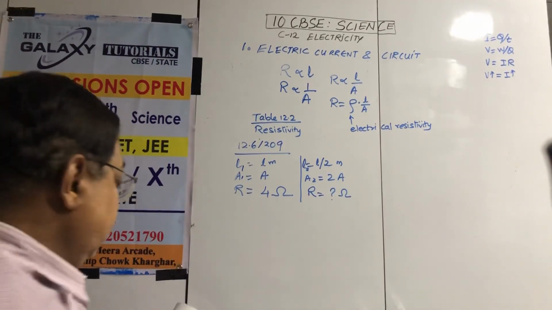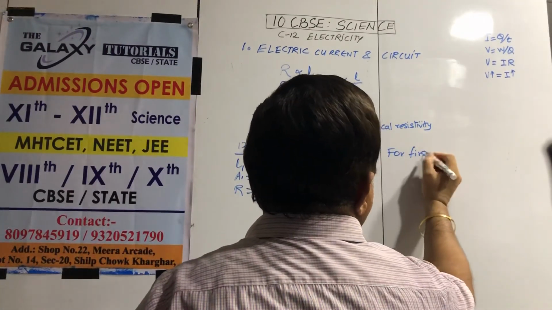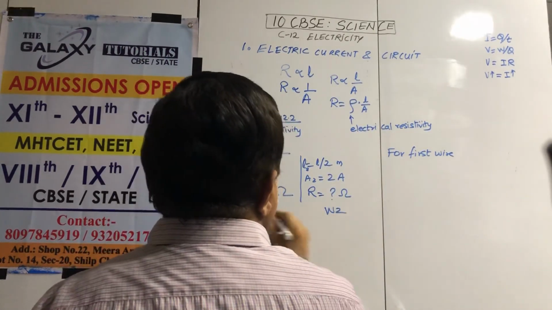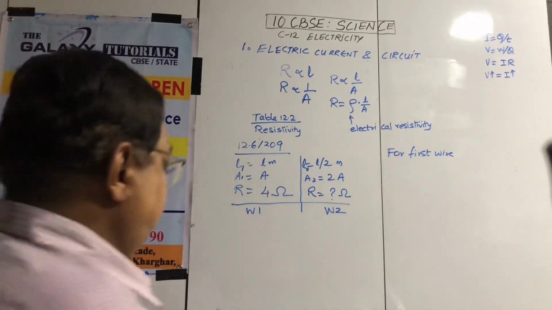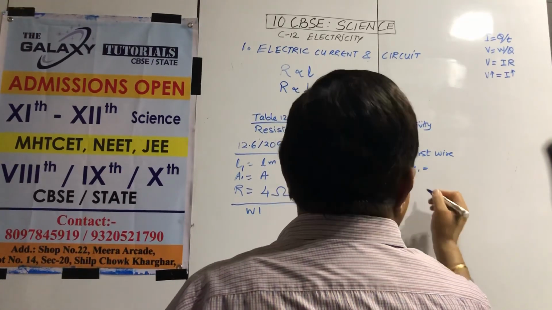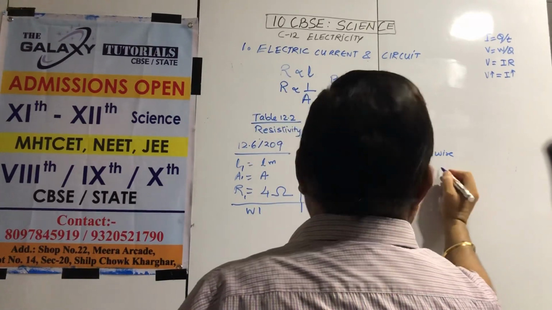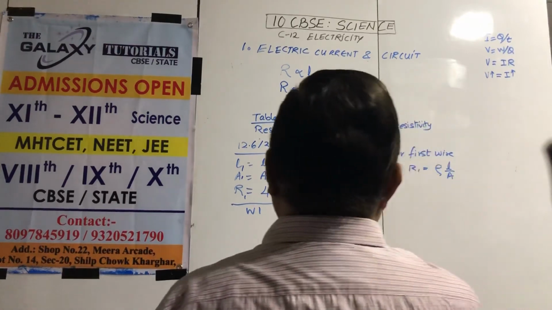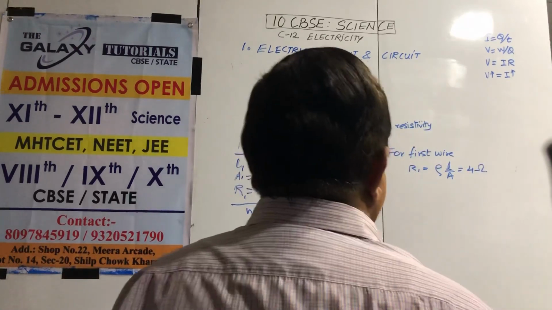Yes, my friends. So this is wire 1, this is wire 2. For the first wire, R1 is rho L by A, and when I substitute these values, you will see this is 4 ohms, given.